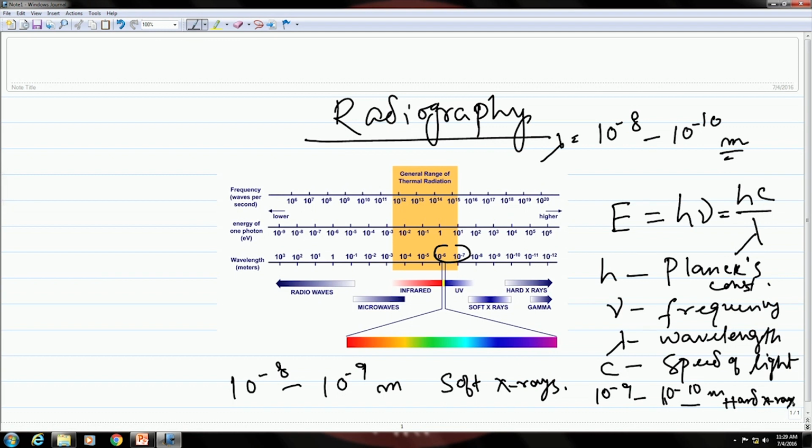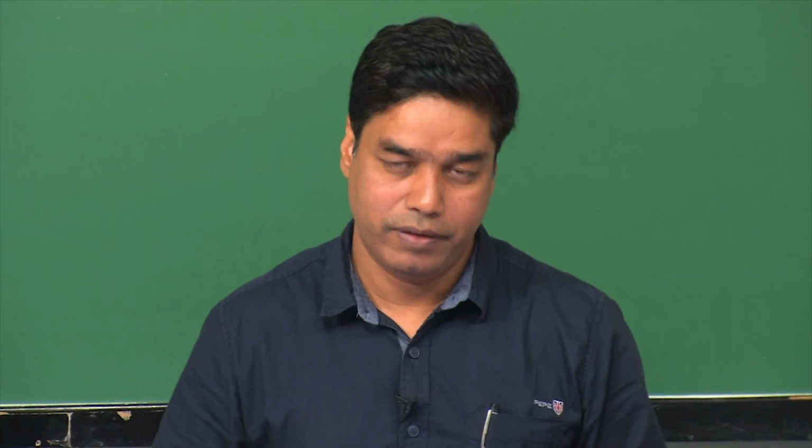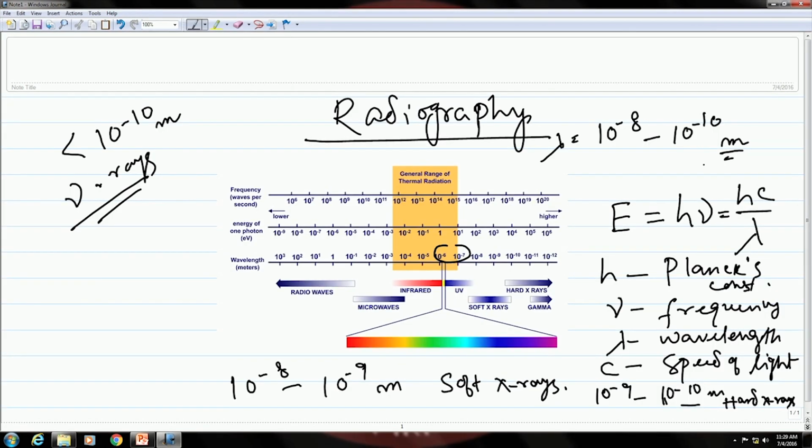And if you further increase the energy, and the wavelength is less than 10 to the power minus 10 meter, then this will fall in the gamma rays radiation range. So, this was about the energy, which depends on the frequency and wavelength, and due to this very small wavelength, X-rays have very high energy, and as I said, that is why they can penetrate through matter.